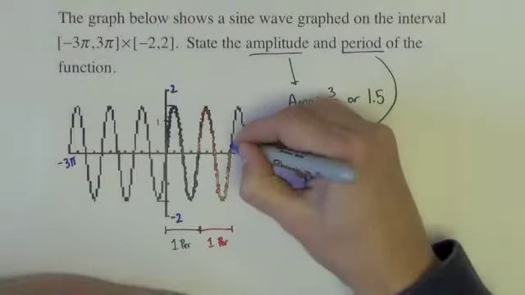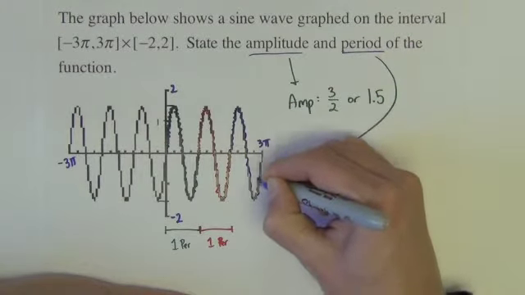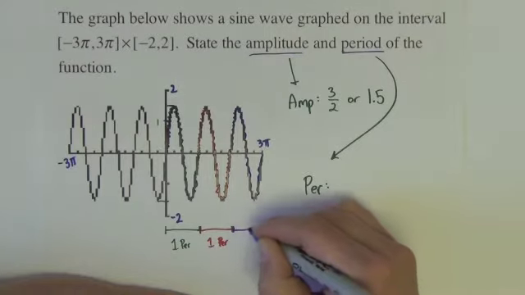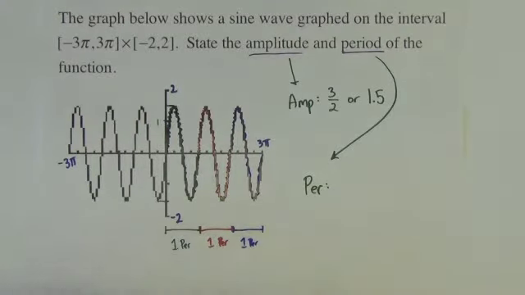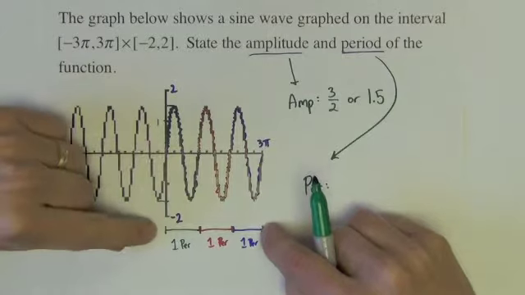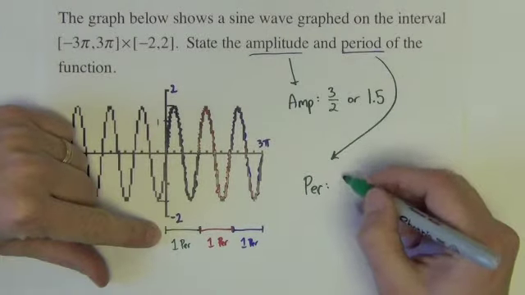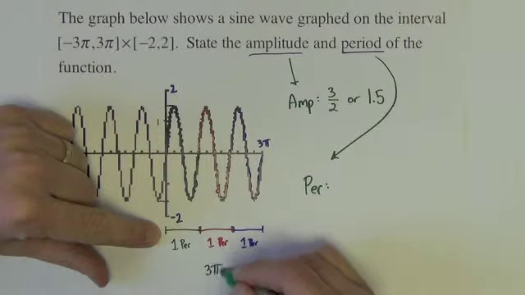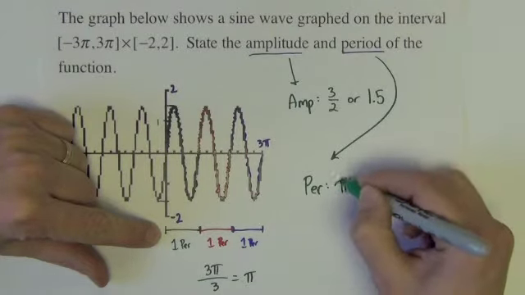And if we do it one more time, we see there's one more of these to there. There's 1 period. And so the graph from 0 to 3 pi shows 3 periods. So therefore the period of this function, if I were to take 3 pi divided by 3, the period is pi.